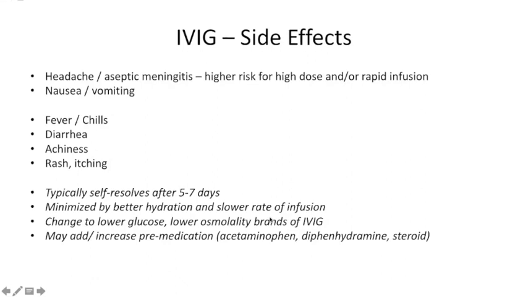And in general, even with the first dose of IVIG, pre-medications are used because some of these side effects are pretty common, such as acetaminophen or Tylenol, diphenhydramine, also known as Benadryl, or sometimes a small dose of steroids is given just as a pre-medication as well.